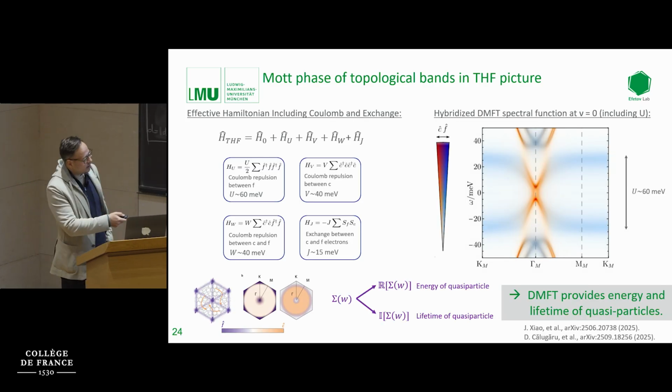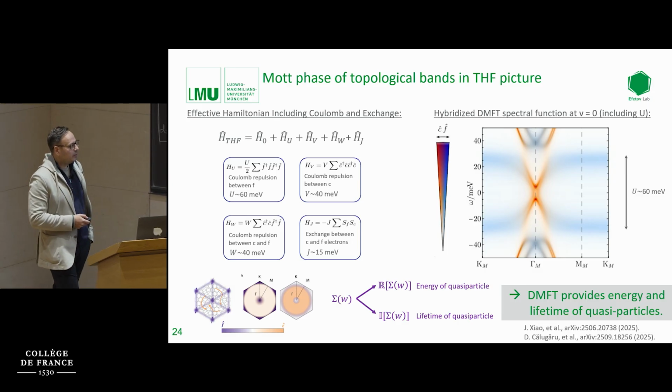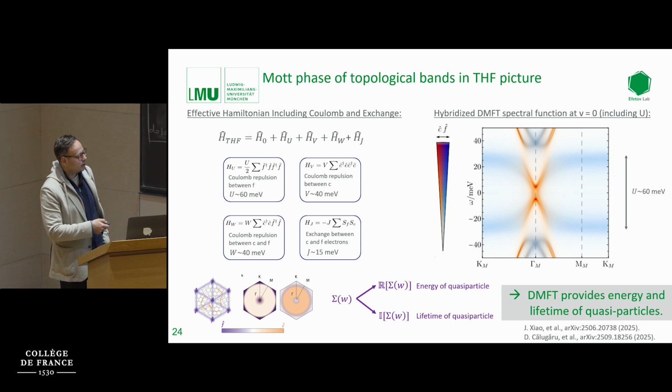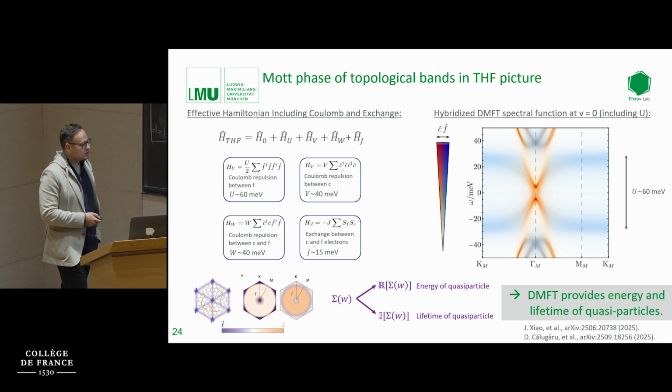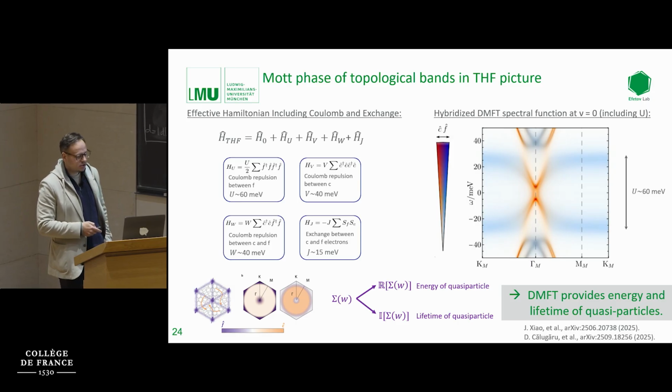And then if you perform DMFT and also hybridize the C and F, the typical bands or spectral functions that you get look the following, where you can see the interactions split the Hubbard bands apart. These Hubbard bands are highly spectrally broadened.